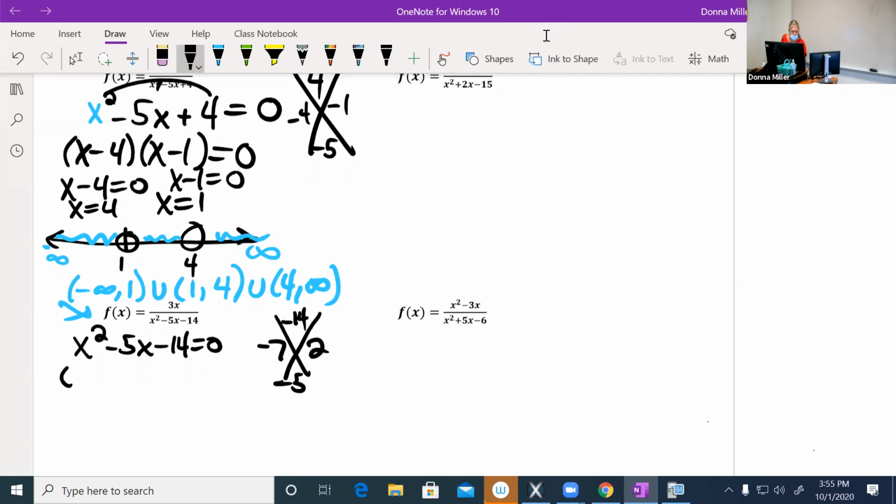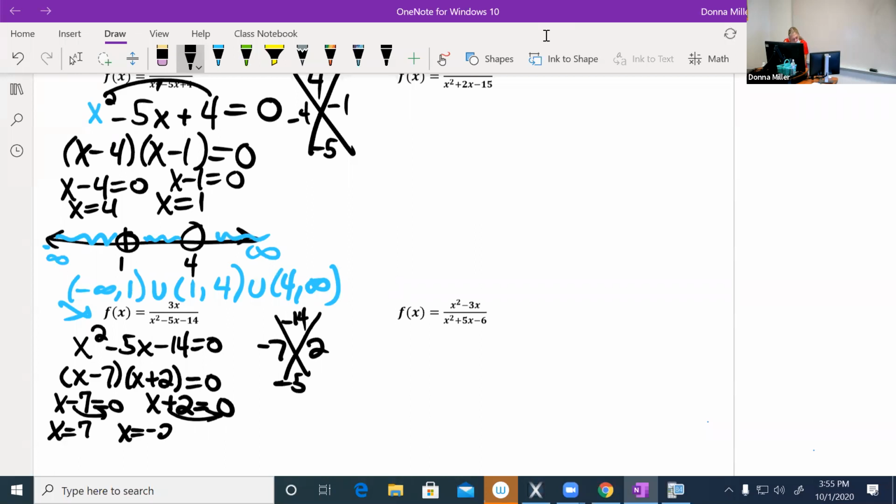So this is going to factor as x minus 7 times x plus 2, which should equal 0. So either x minus 7 equals 0 or x plus 2 equals 0. So x is 7 and x is -2. So that's what x cannot be, right?